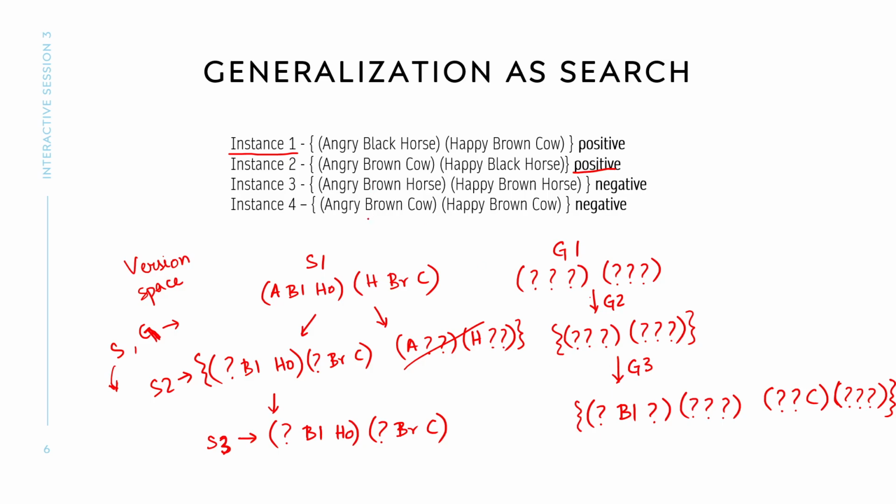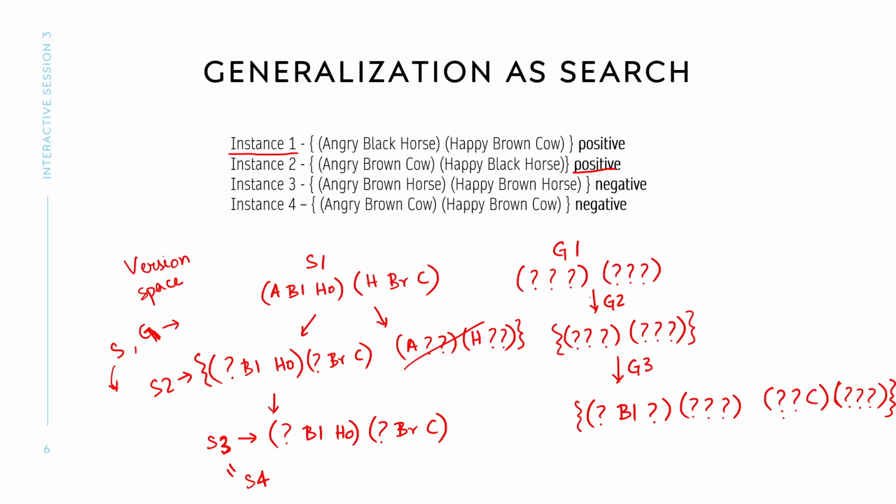Fine. Then for the fourth instance, if you see, S3 works for S4 as well. So this is equal to S4, right? So this same thing works. But in G3 I have to basically generalize, make it more specific, right?